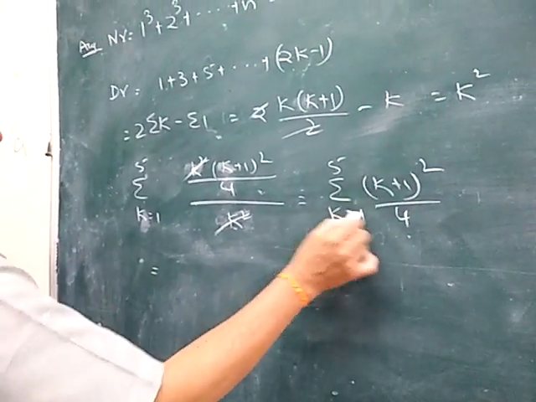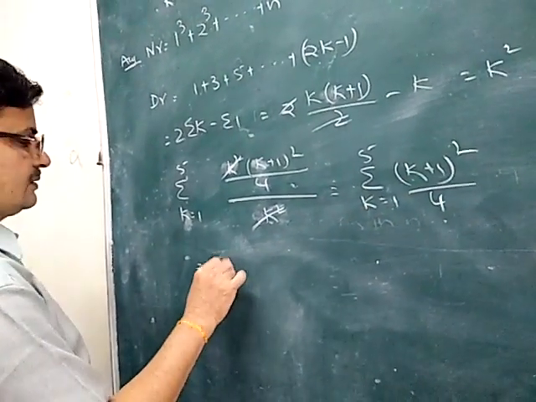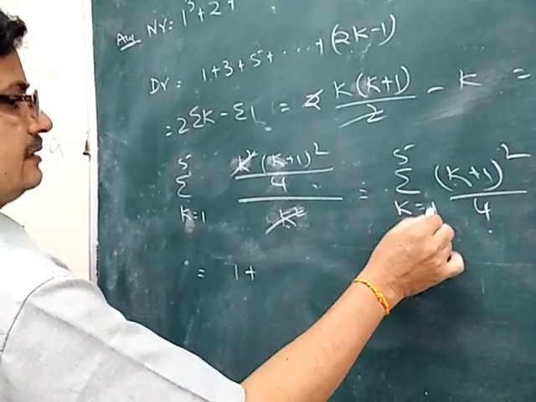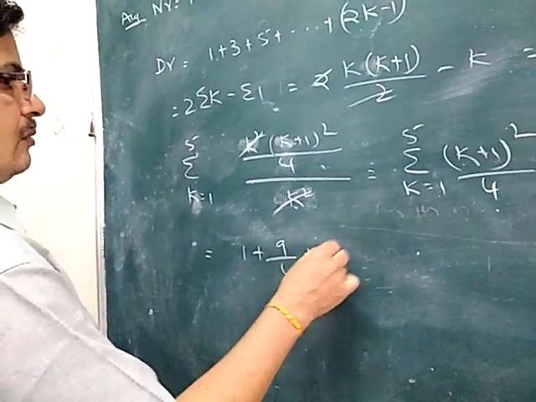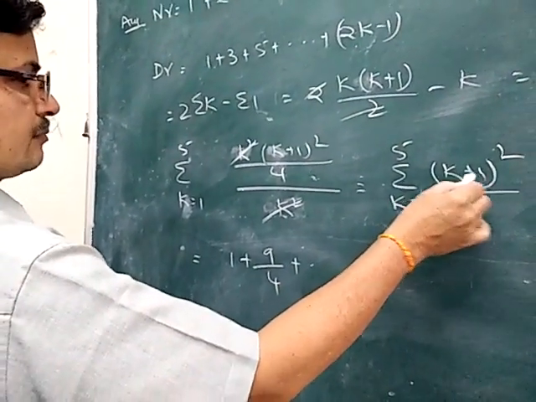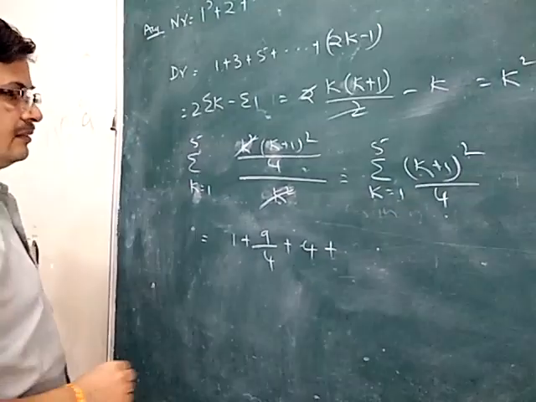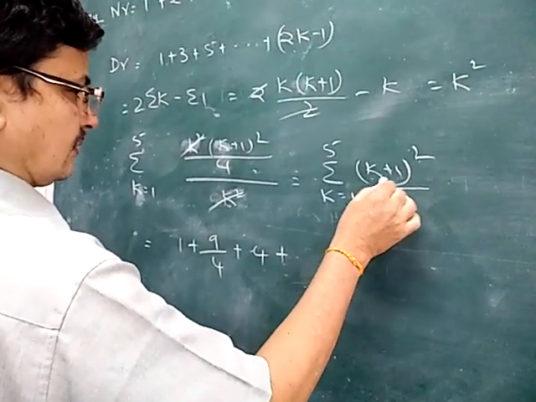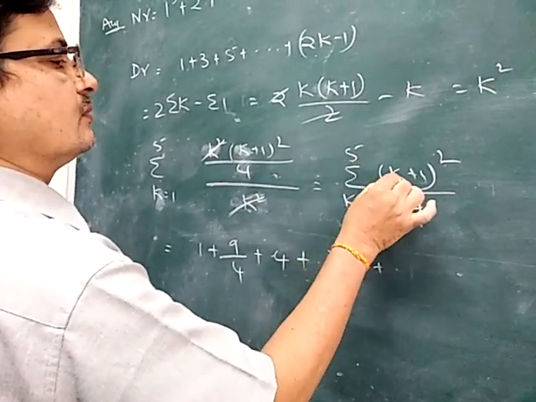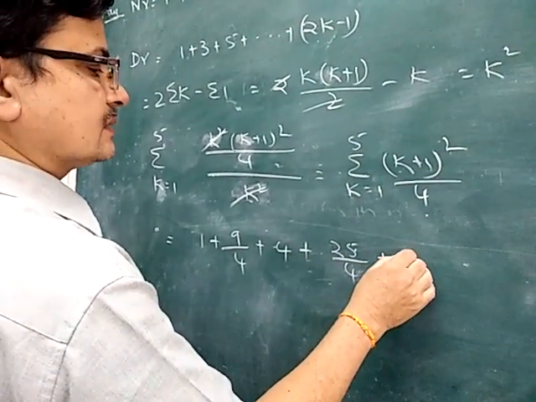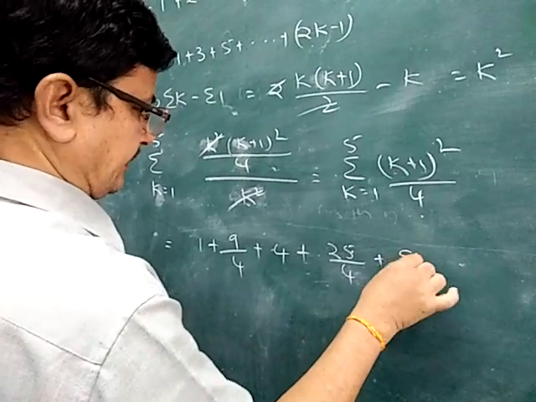Now when k is equal to 1, 1 plus 1 is 2, 2 square means 4, 4 by 4 is 1, plus when k is equal to 2, 2 plus 1 is 3, 3 square means 9 by 4, plus when k is equal to 3, 16 by 4 is 4, plus k is equal to 4, 25 by 4, plus k is equal to 5, 36 by 4, 36 by 4 means 9.